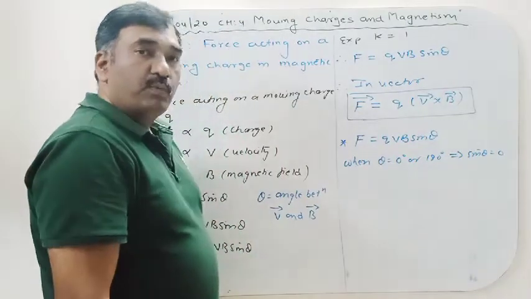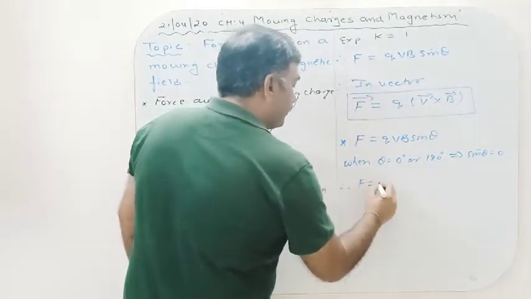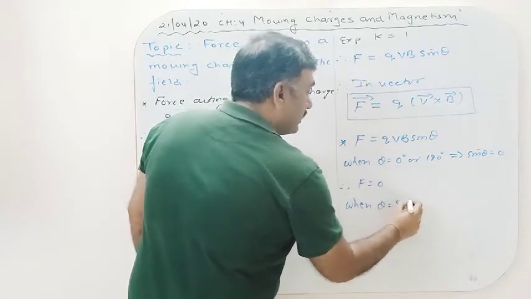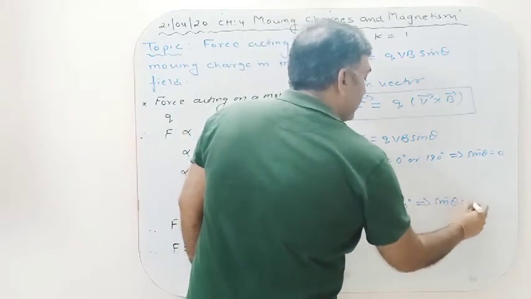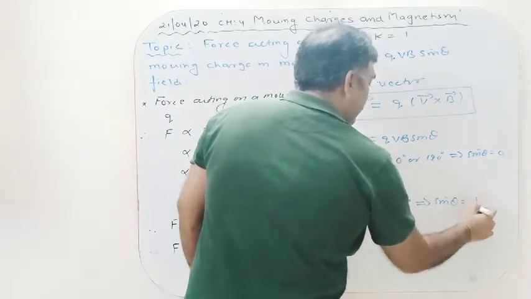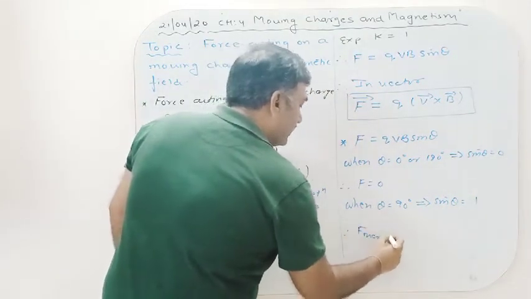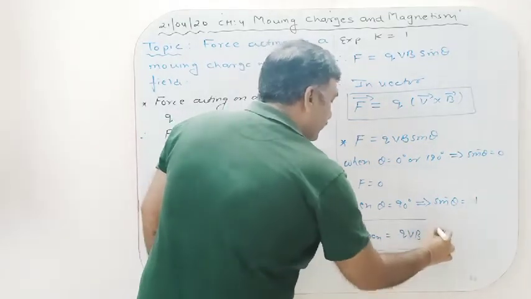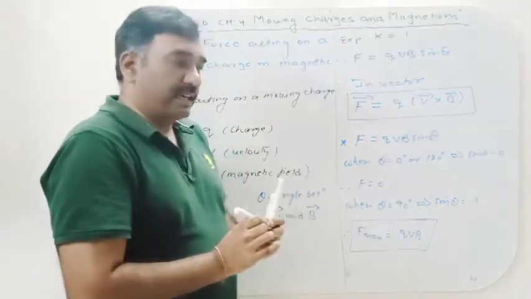When the charge is moving parallel to the magnetic field, no force acts on it. When theta is 90 degrees, sin theta is 1 and the force becomes maximum. So F maximum is equal to QVB. This is the expression for the maximum force acting on a charge when it enters a magnetic field.